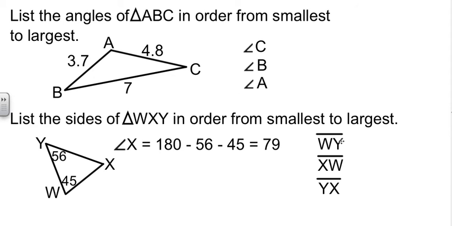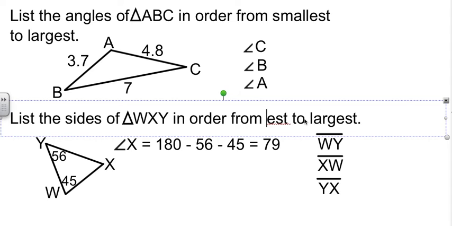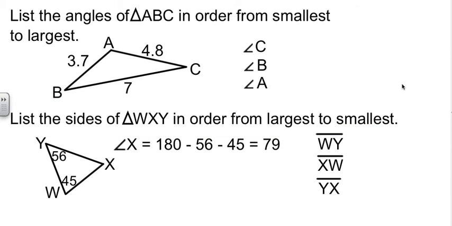So I've got these two in the wrong order. What I'm going to do, since I can get away with this and you can't, is I'm going to change the question. So now I've got the right answer on there. See, sneaky, aren't I? So the idea is the biggest side leads to the biggest angle, the smallest side leads to the smallest angle.